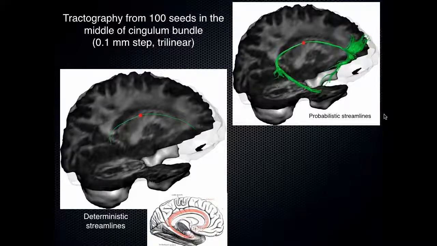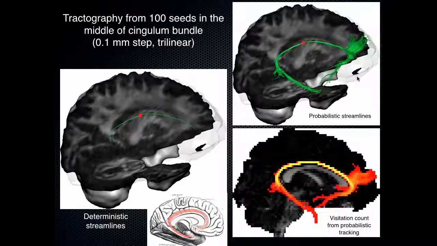One of the things we can do with probabilistic tracking is turn this into a visitation count, that is, count the number of times each voxel has been traversed. So you can create these heat maps or connection scores that tell you, given a seed point, basically the probability of being connected to this seed point.